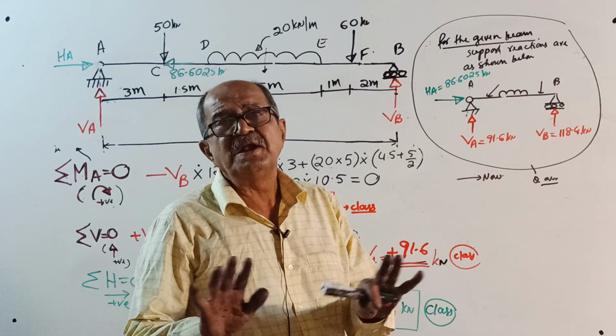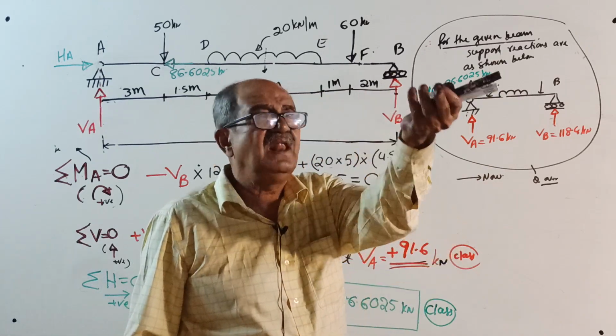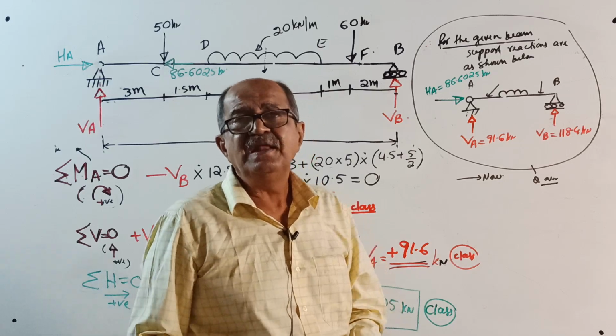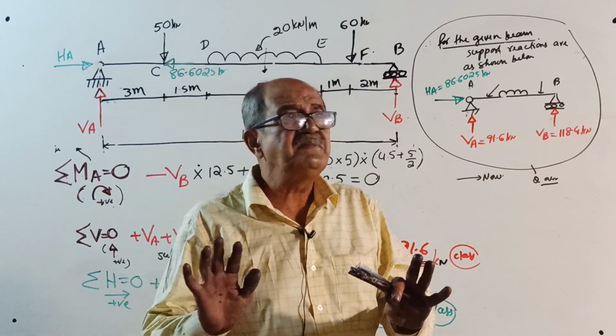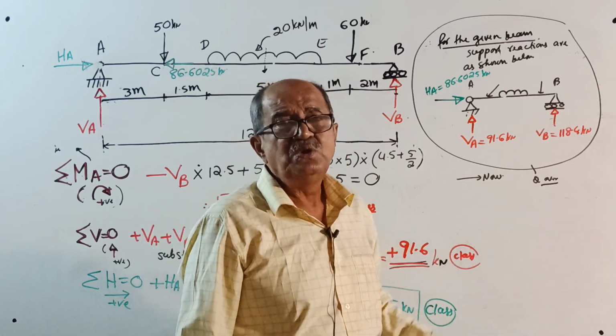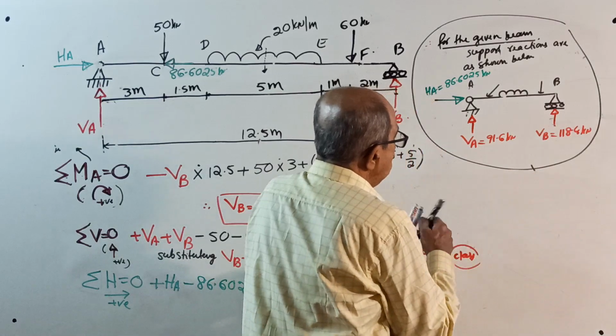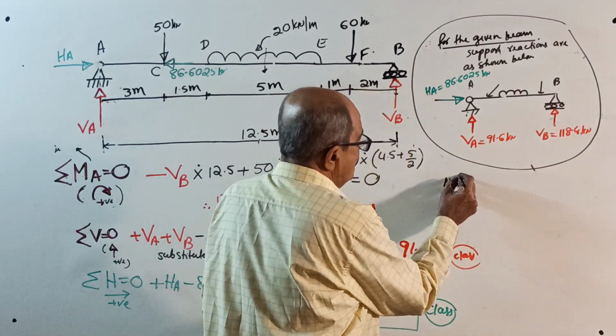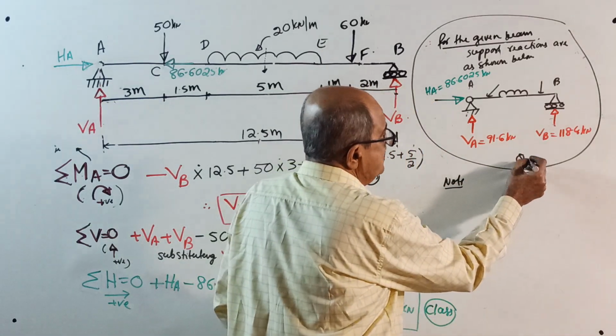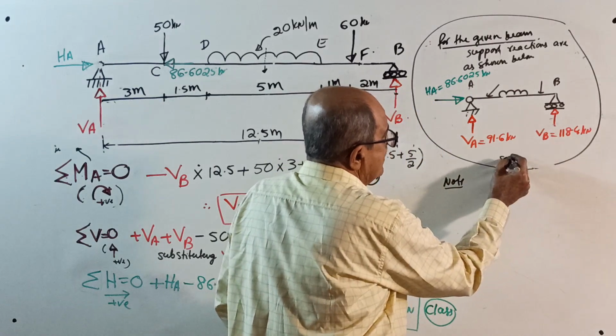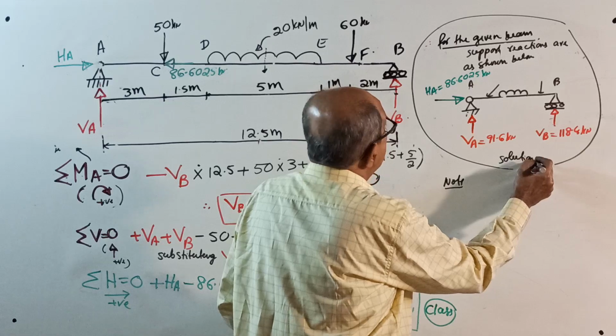I am not interested in this today. I will tell you this next class when I consider reactions in systematic order. Today my purpose is something else. Solution is over.